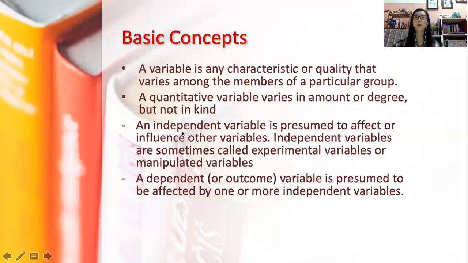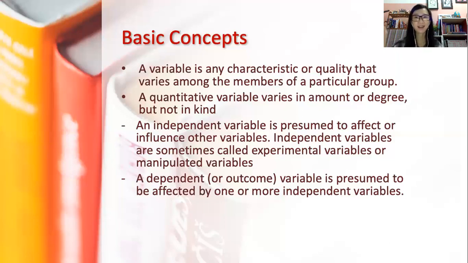Later on, you will deal with these two types of variables. The first one is what we call an independent variable. An independent variable is used for studies or research which focuses on trying to find a cause and effect relationship. The independent variable is assumed to have an effect on other variables.